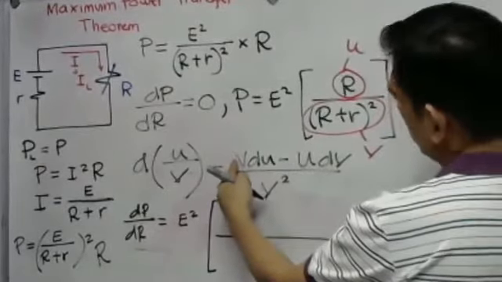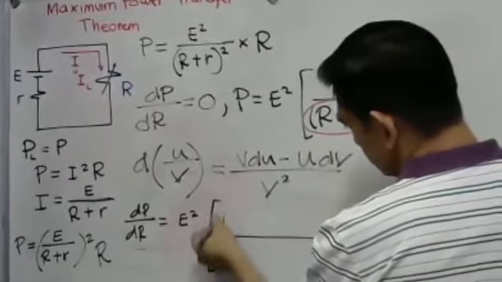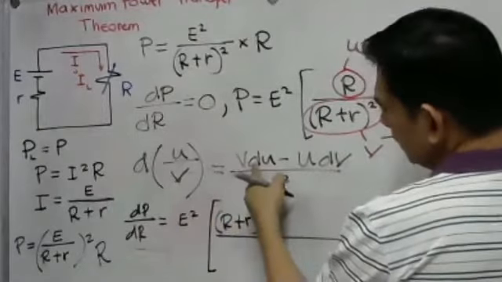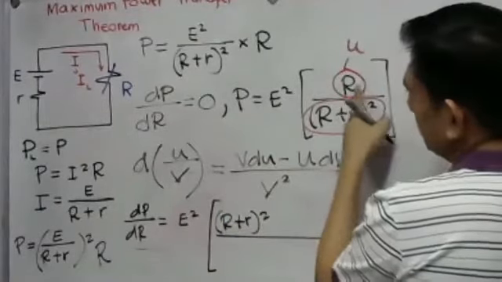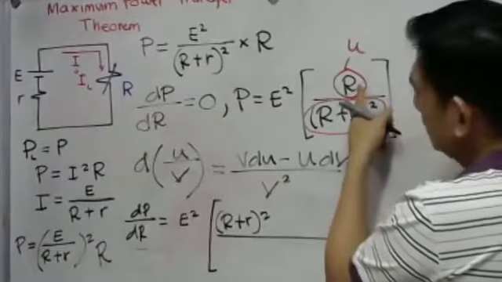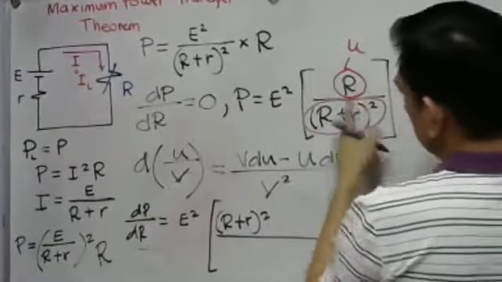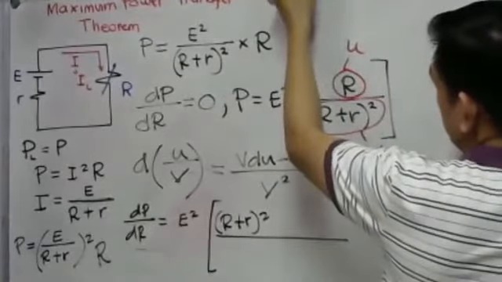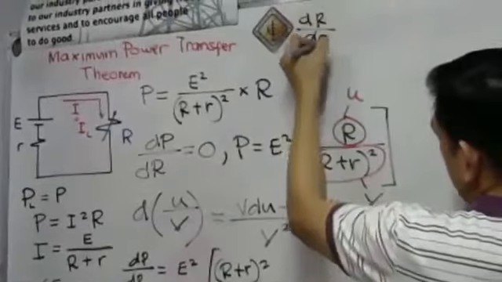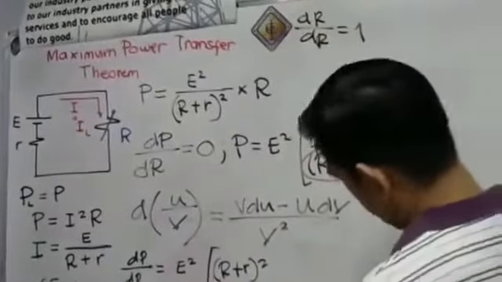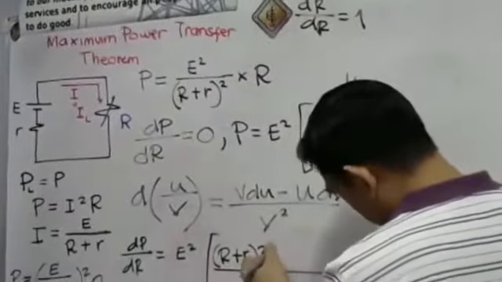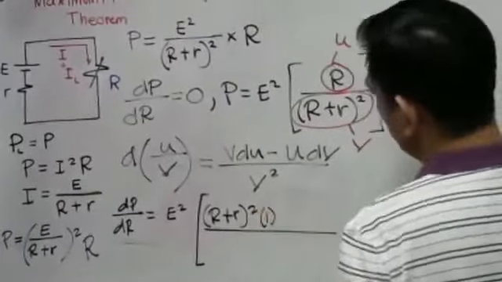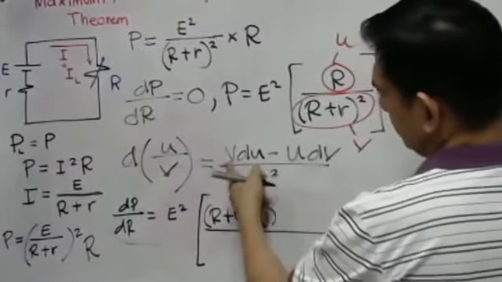So what is our v? Just copy this: big R plus small r, quantity squared. Then du. What is du? That is the derivative of R. So our u is our R. What is the derivative of R with respect to R? Simply equal to 1. So just put here 1.